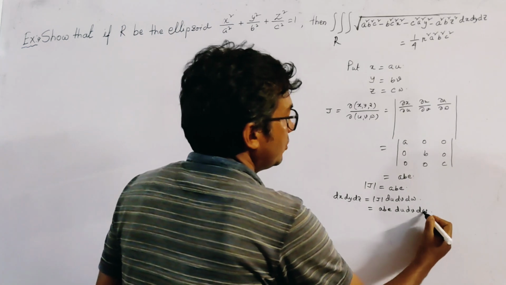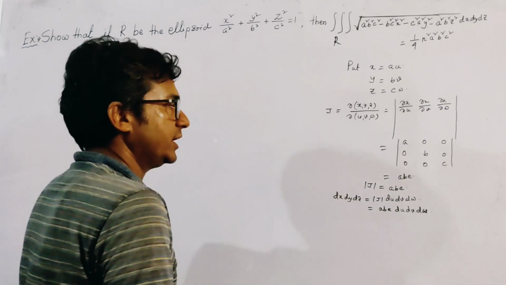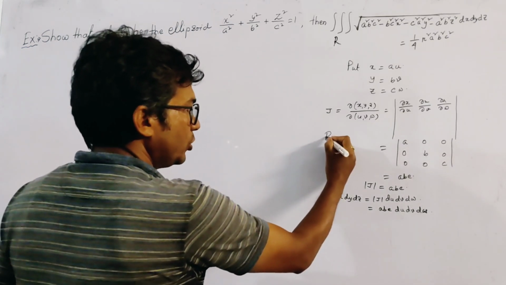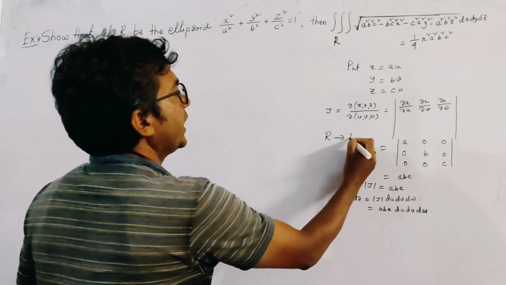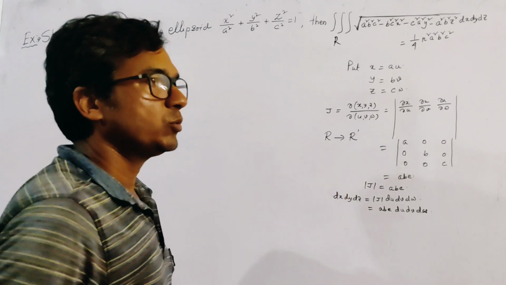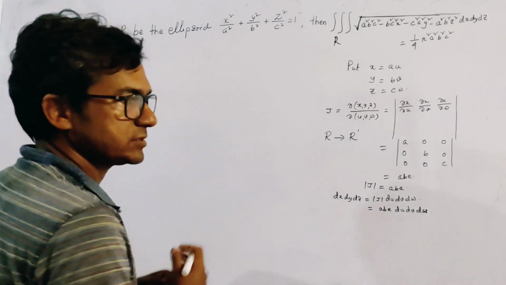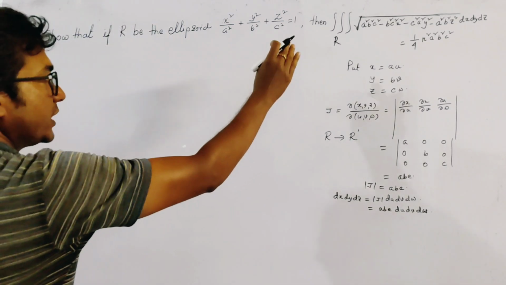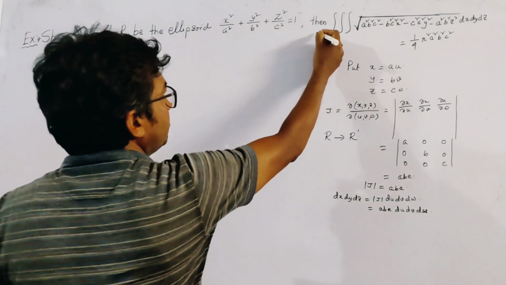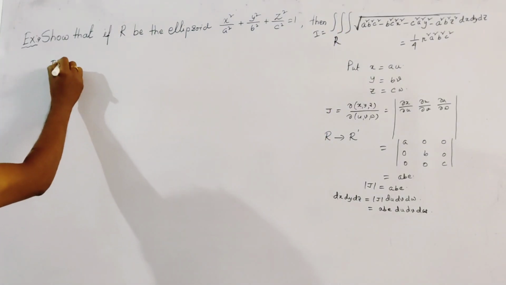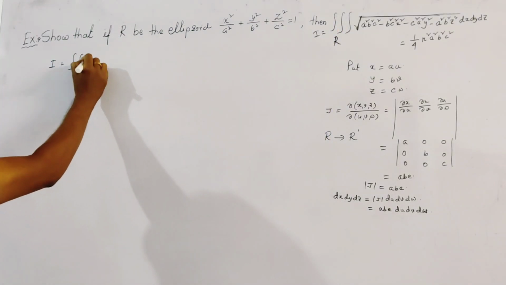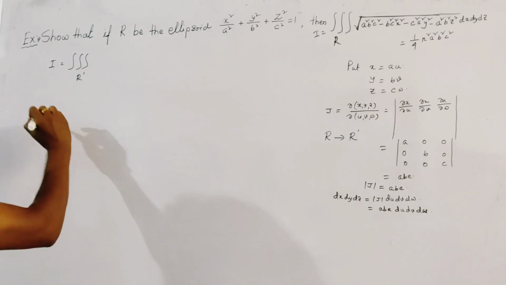Now the volume of integration is transformed to another volume of integration, known as R dash. If we name the given integration I, then I is the triple integration over R dash.